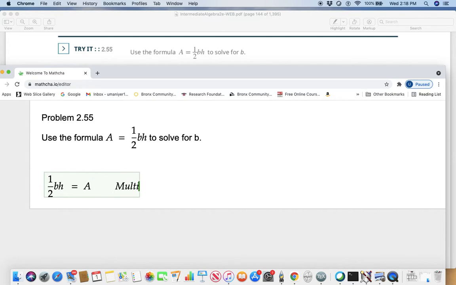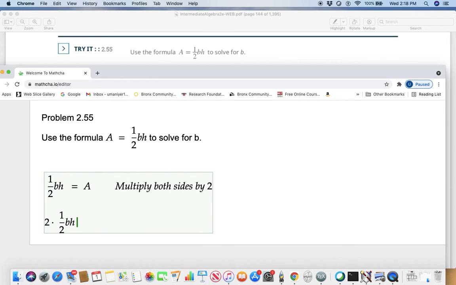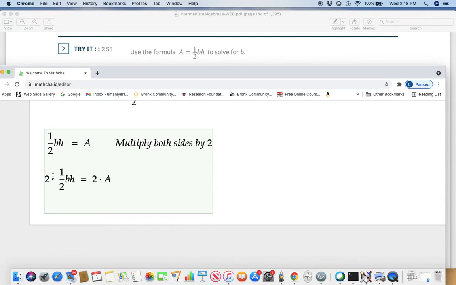Multiply both sides. So 2 times half BH equals 2 times A. The point of multiplication by 2 is to cancel these two. So you have BH equals 2A.